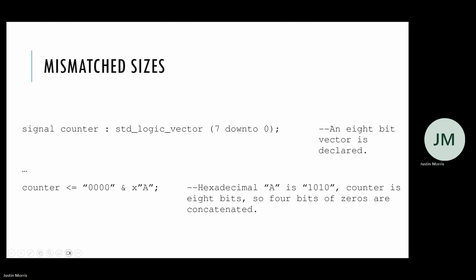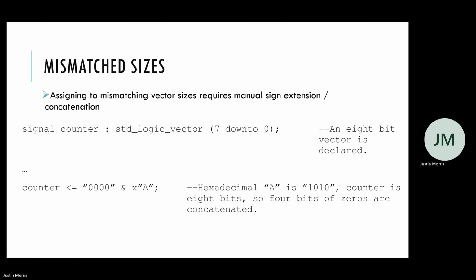Yeah. Any other question? Okay. So again, if you are trying to assign mismatching sizes, it's going to require you to do this. So if standard logic vector was 6 down to 0, you would just remove one of these zeros.